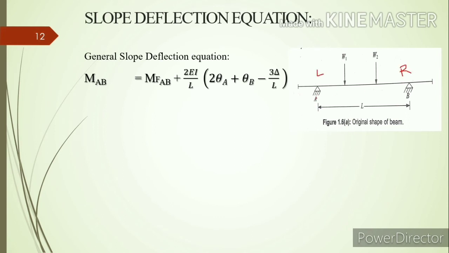The final moment of the member AB, moving from left to right, MAB is equal to M of AB plus 2EI by L into 2 theta A plus theta B minus 3 delta by L. Similarly, the final moment of the member BA, that is right to left, MBA is equal to M of BA plus 2EI by L into theta A plus 2 theta B minus 3 delta by L.